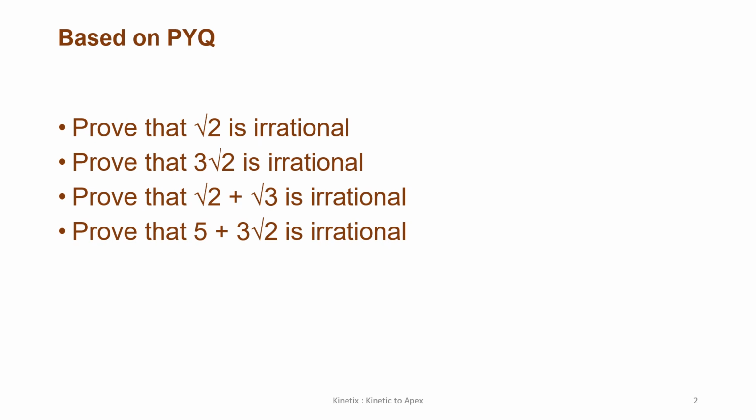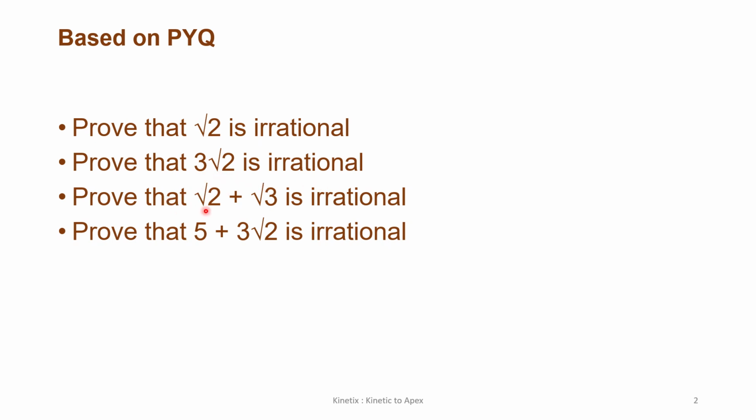Based on previous year questions, generally the questions come in the board examination in 4 different patterns. That is, prove root 2 is irrational. Then prove 3 root 2 is irrational, that means multiplication of a rational number with an irrational number will be an irrational number.